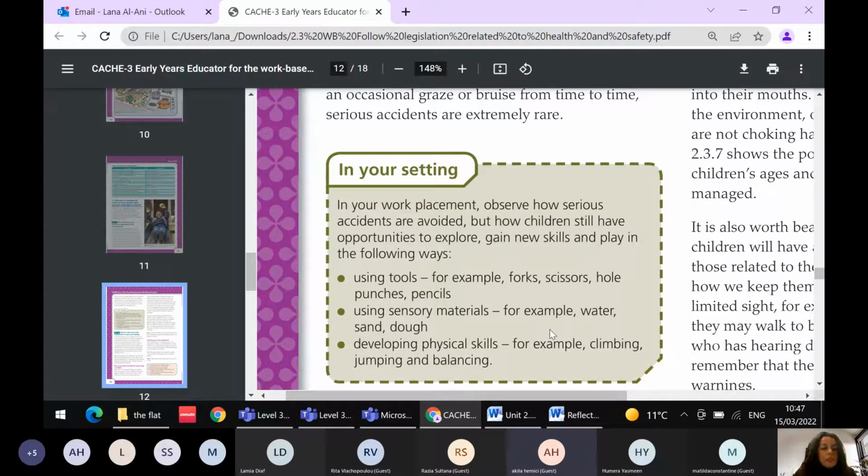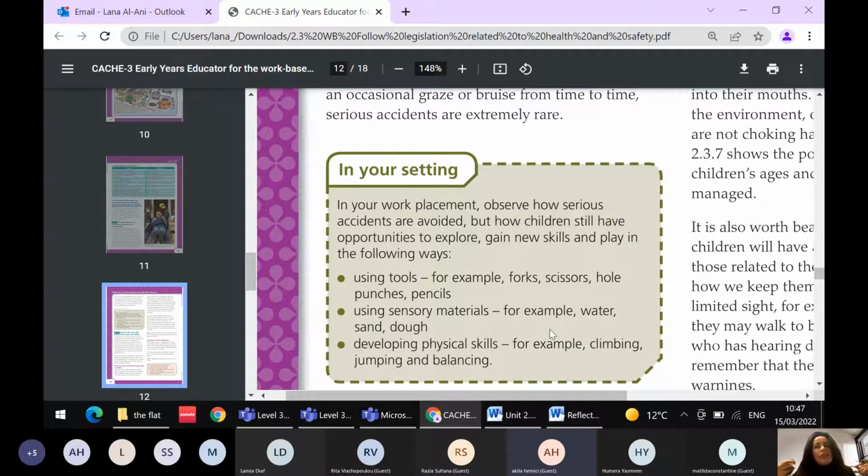So, for example, in your workplace, you might start observing the children. You might have lots of accidents because you use different tools, different sanitary materials, chemicals. You have the children as well.